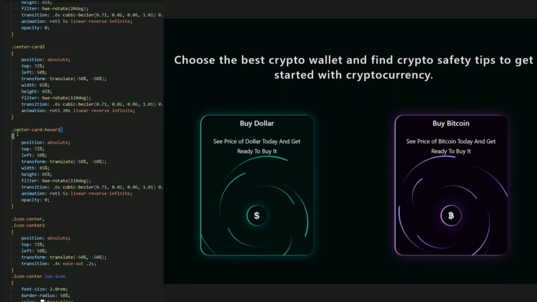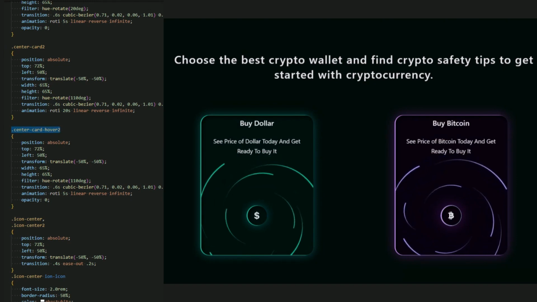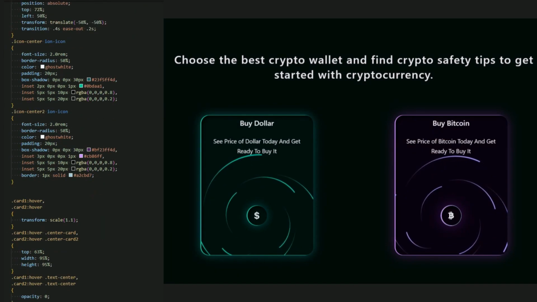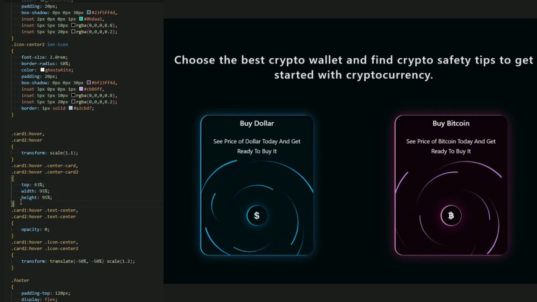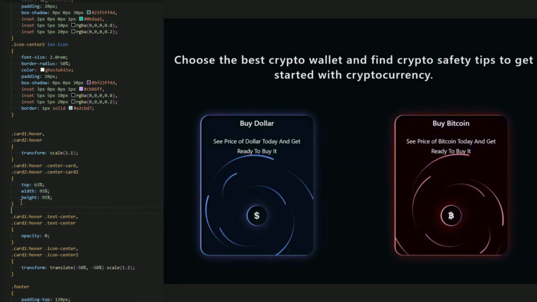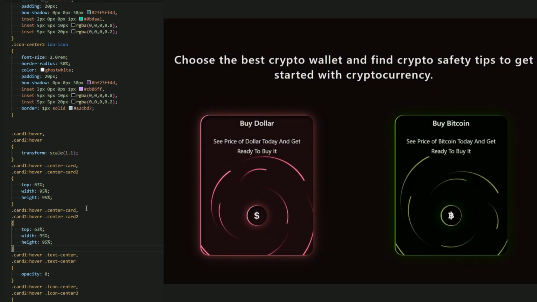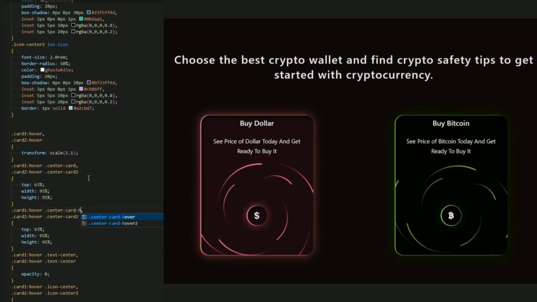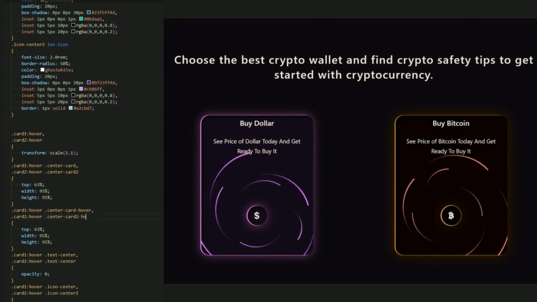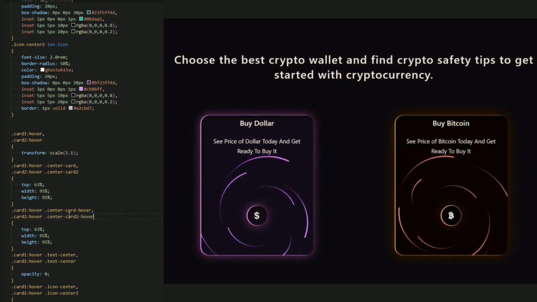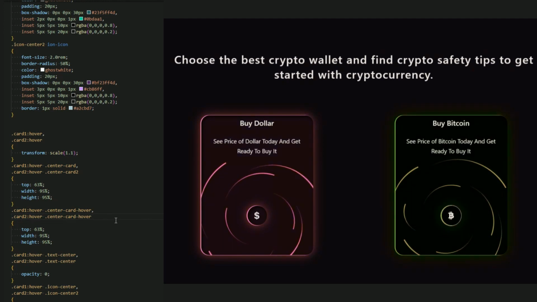So let me show you in the CSS what you're going to do. All you need to do is copy this, guys, paste it, and add a hover for this hover card 1 and this hover, which will be center card hover 2.